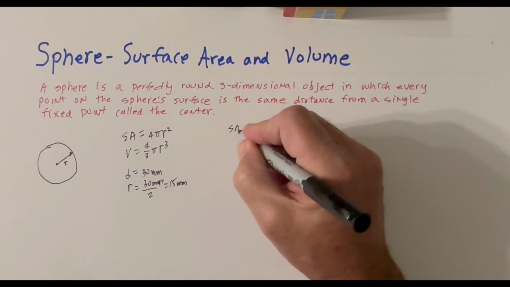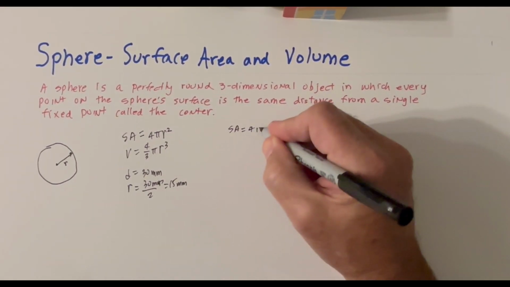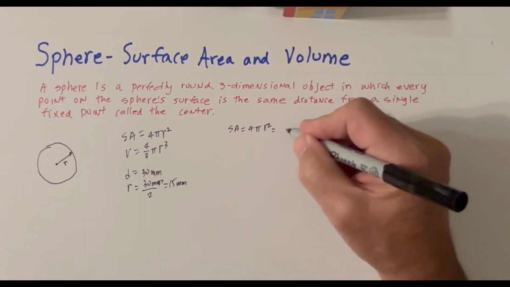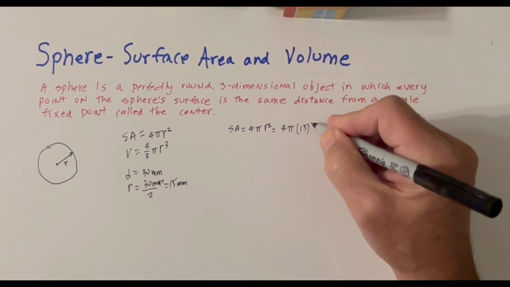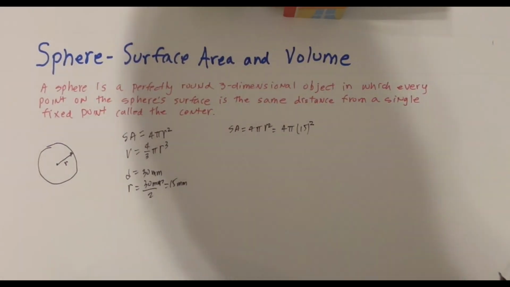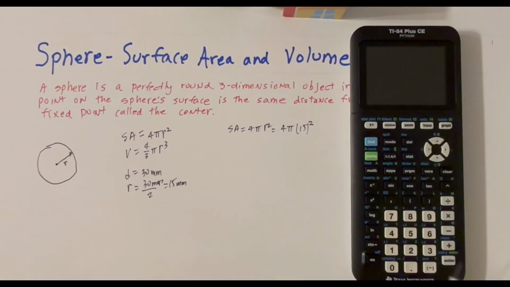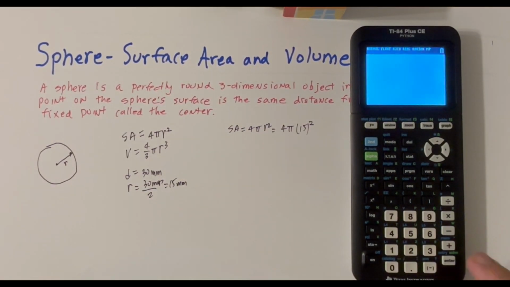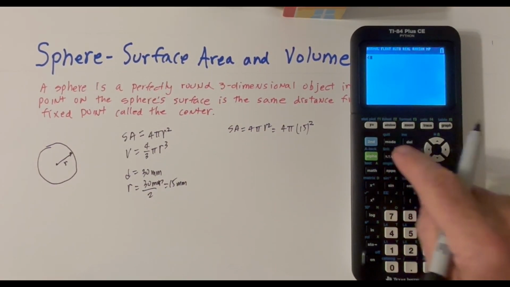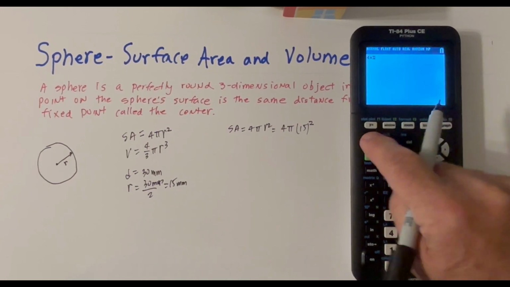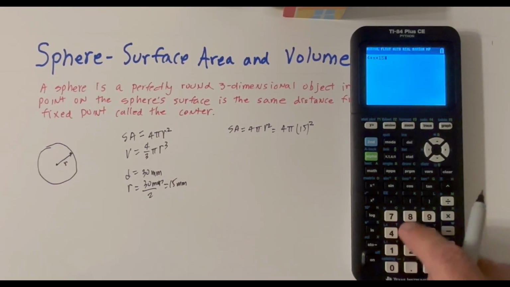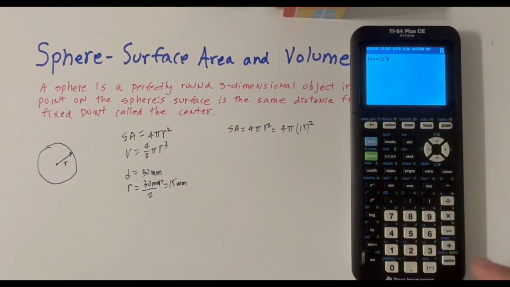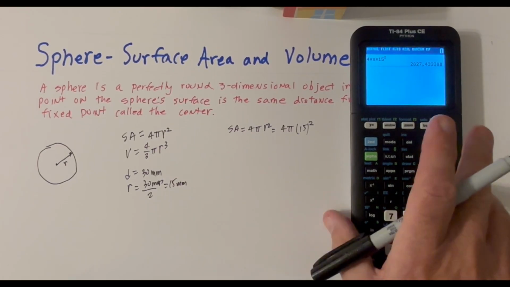So our surface area now is 4 pi r squared, which is 4 pi, and then r is 15, so we square that. Let's get our calculator and run the numbers. So we got 4 times pi times 15 quantity squared, enter.